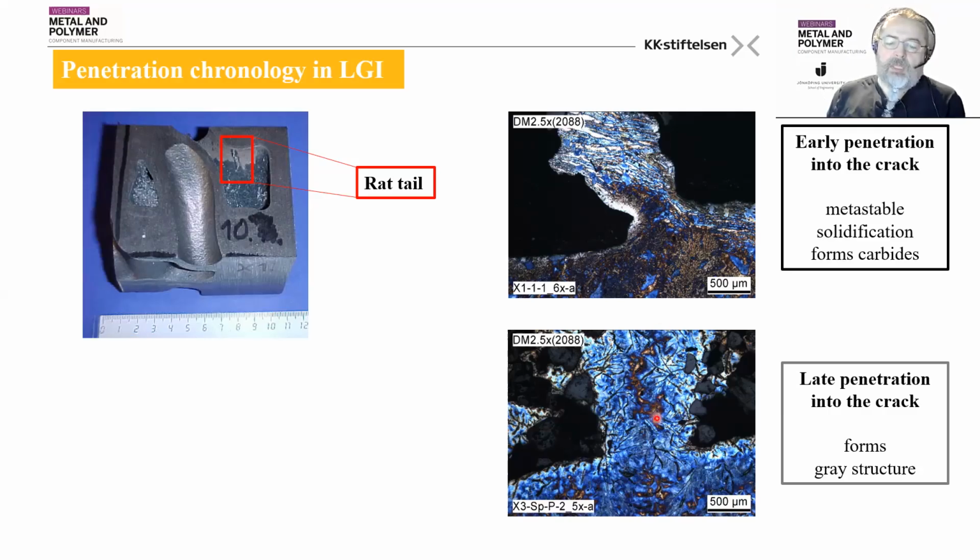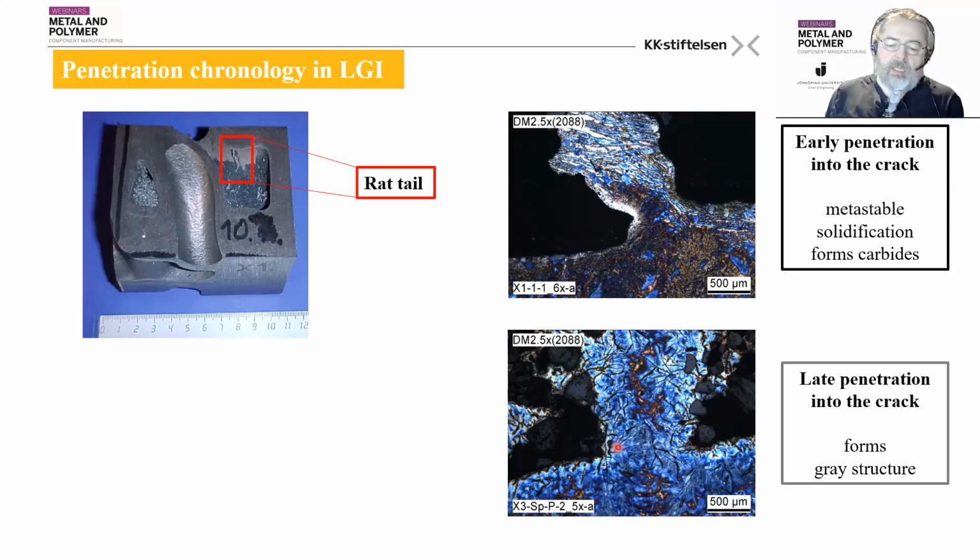In the lower picture, you can see an example of late penetration into the crack, and the evidence comes from the morphology observed in these cracks, where you have a normal gray penetration, including all the required phases in a lamellar cast iron, including graphite lamellas and eutectic cells.